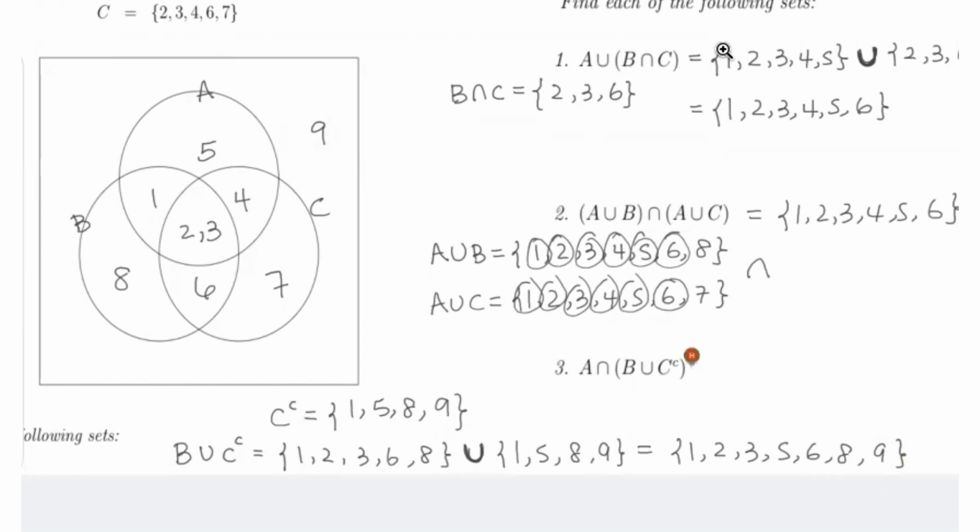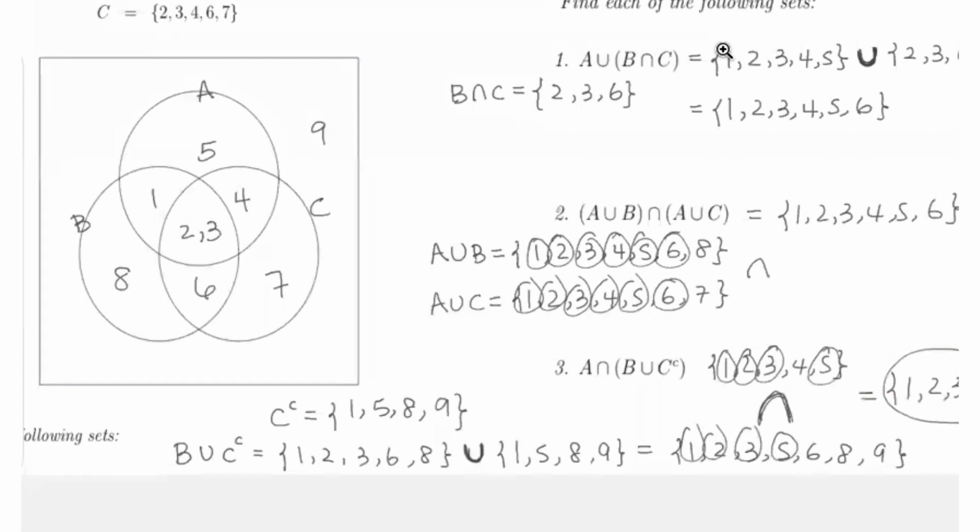A intersect: so A, 1, 2, 3, 4, 5, intersect with this. So 1, 2, 3, 5. That's the intersection. This is the answer. Question?